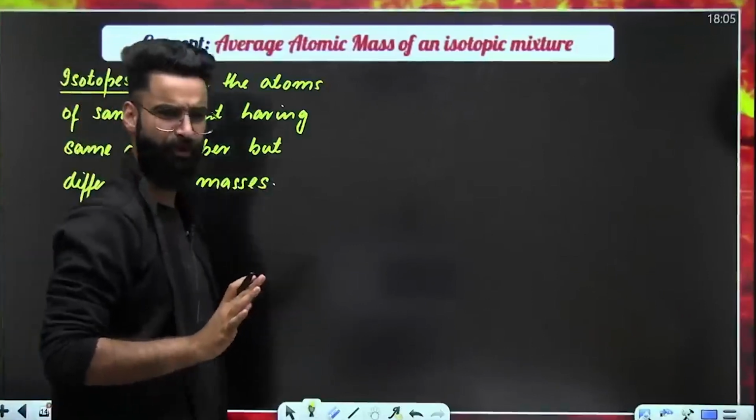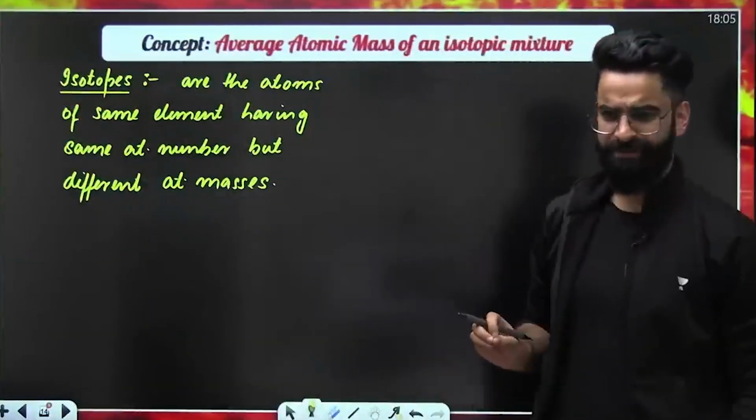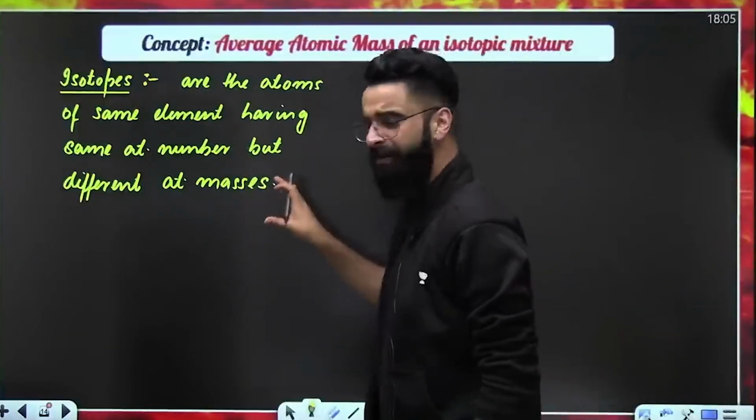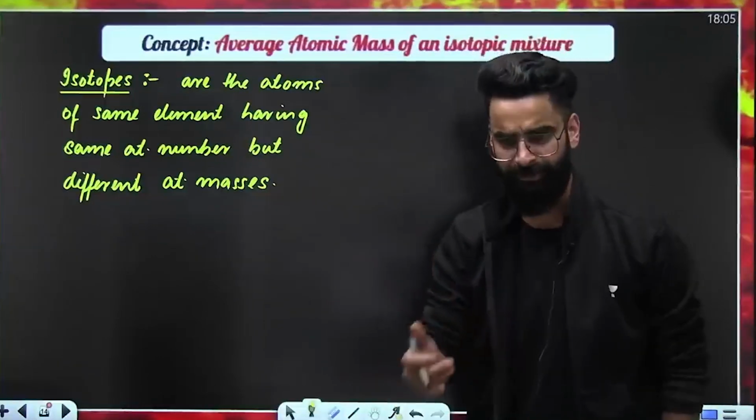This is something which every one of you would be knowing, right? Isotopes are the atoms of same element having same atomic number but different atomic mass.